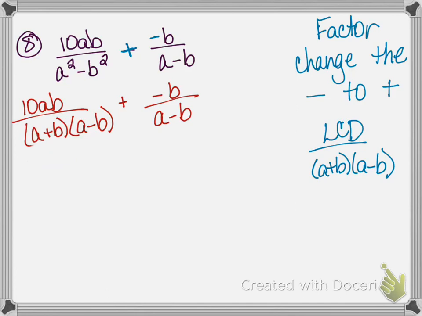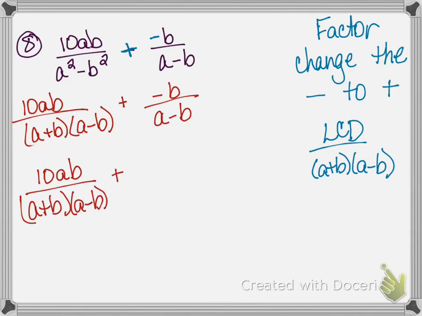Now, my first rational, I've got 10ab over a plus b, a minus b. Okay? That LCD is already covered. A plus b times a minus b already has the LCD in it. So I don't need to do anything else.